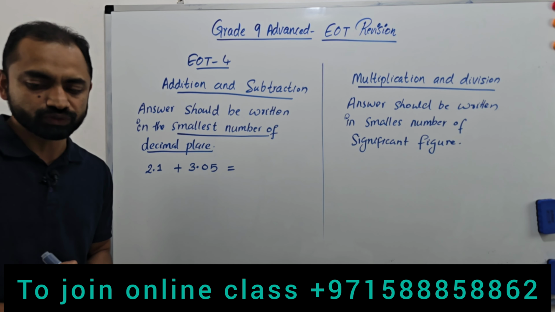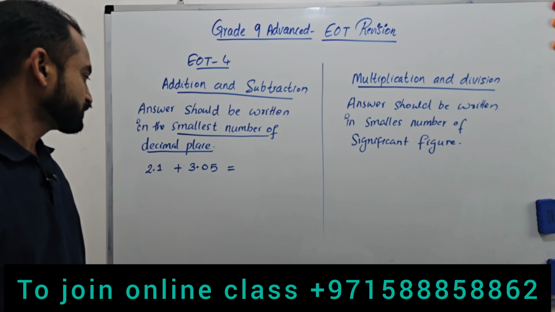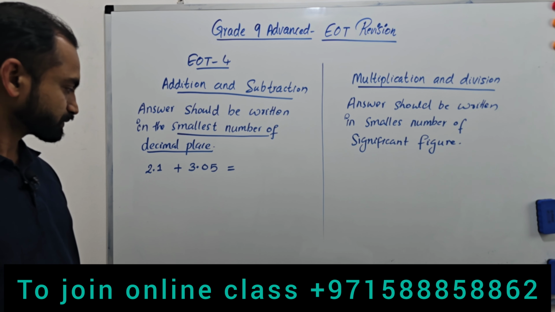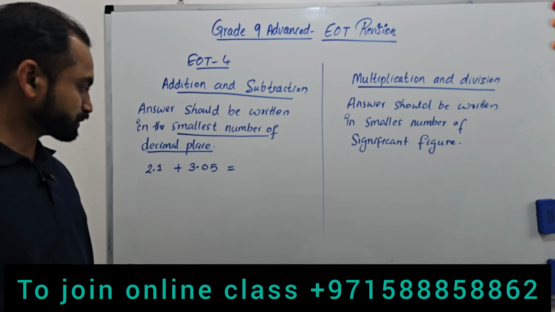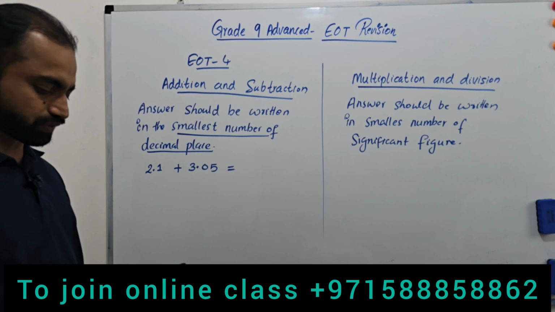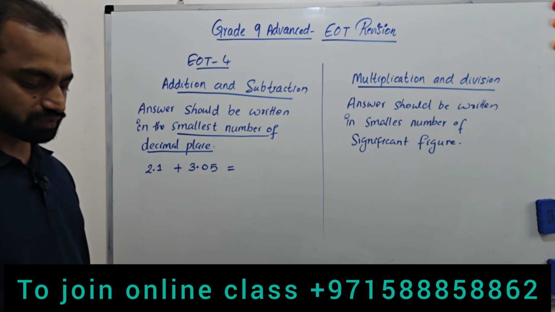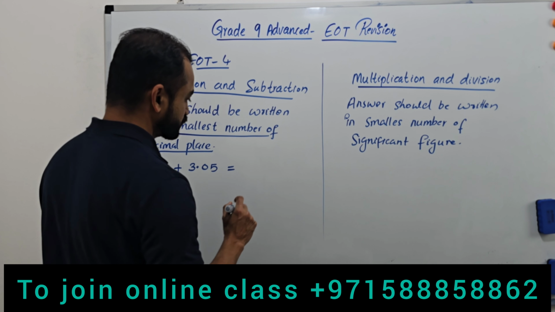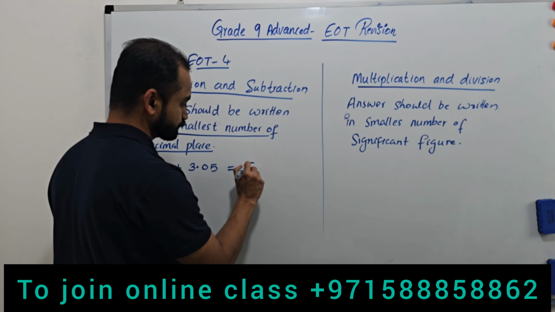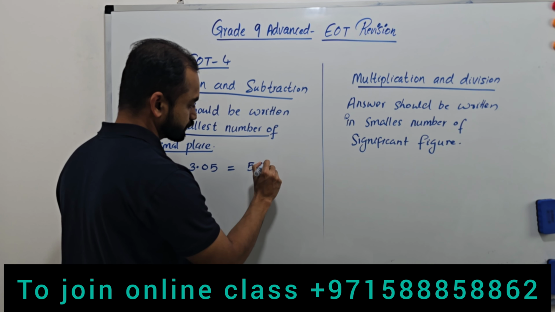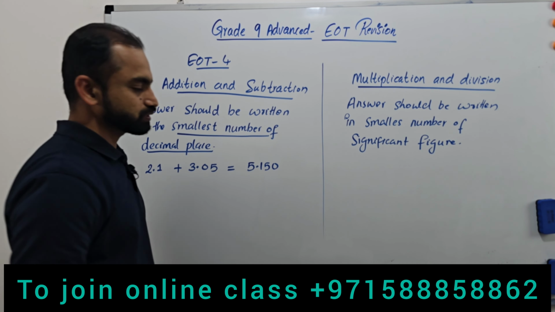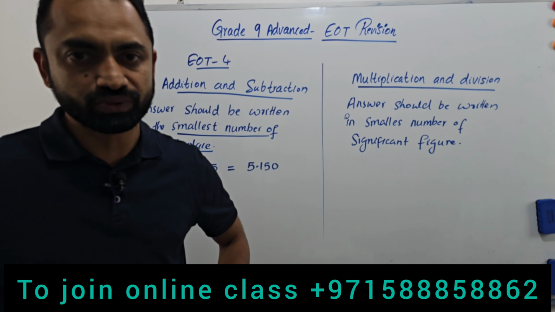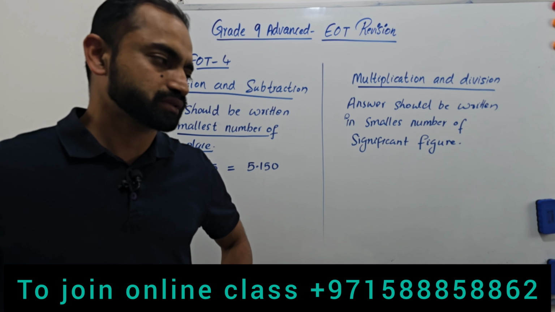If you are using the calculator to add these numbers, what will you get? You will get an answer like this, 5.150. So if you write your answer like this, your answer is not correct.